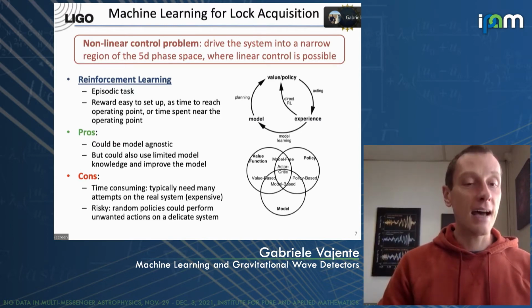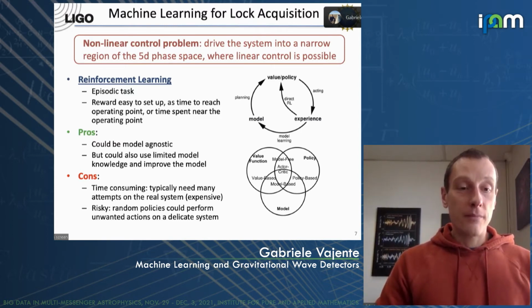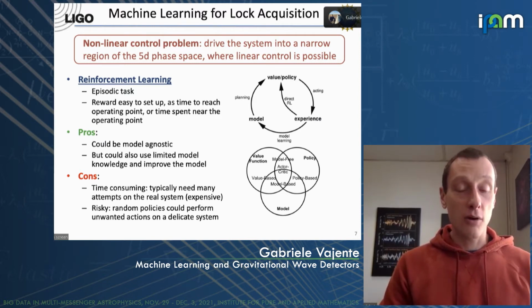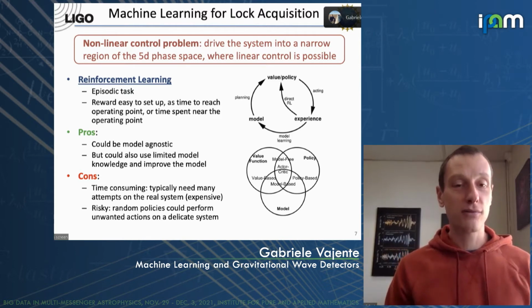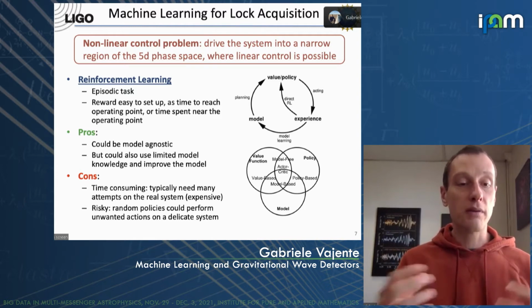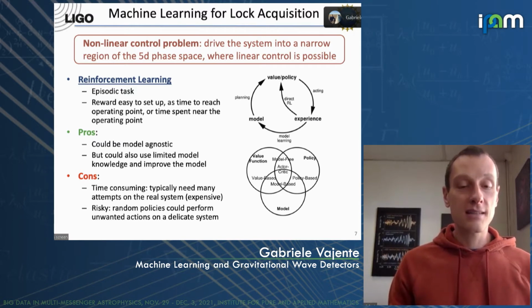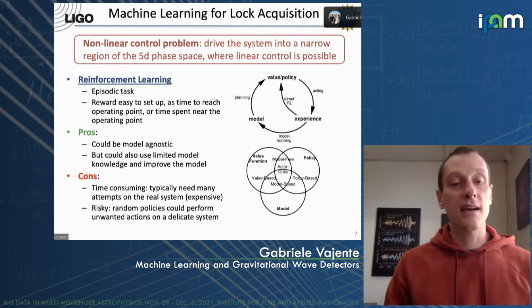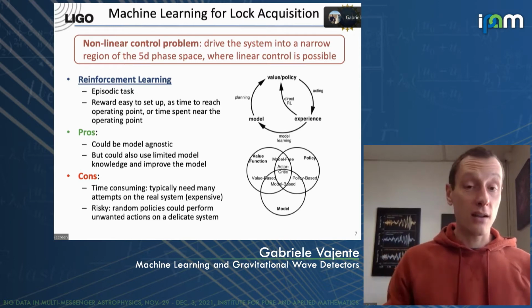And of course, we can't really afford to have this happen in real time on the real system, because it's extremely expensive, not only from the scientific point of view, but also from a monetary point of view. And also you want to be careful, because random policies at the beginning could perform unwanted actions on the system that, even though they might not break the system because there are safeties there, might just make the recovery even longer.